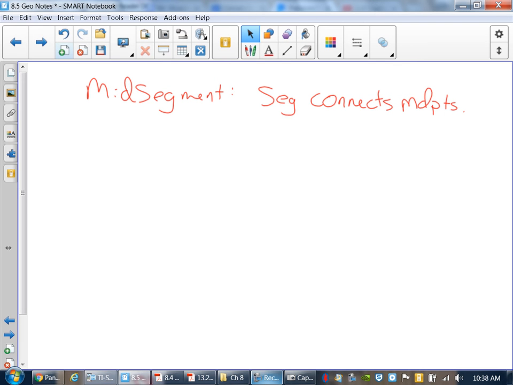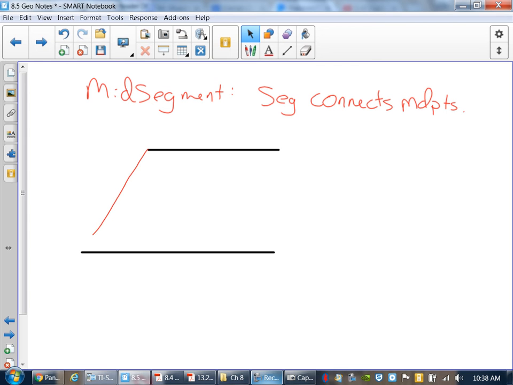So in a trapezoid, if a mid-segment is created to connect midpoints in a trapezoid, it does something else.